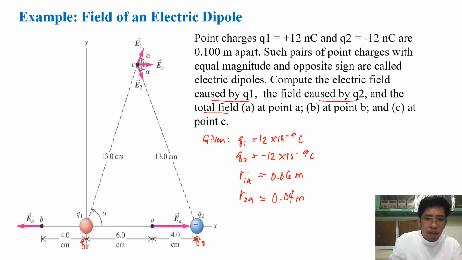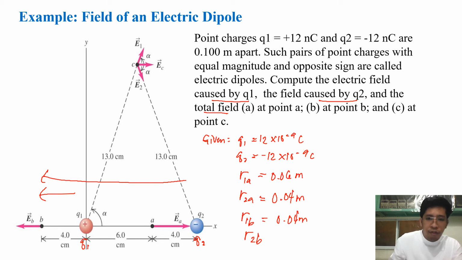And then you have your R1B. We're doing this one individually because we are asked of the field caused by Q1, by Q2, and then the total field. So R1B from Q1 to point B, that is 4 centimeters or 0.04 meters. And then your R2B from Q2 towards point B, that is 10 centimeters plus 4 centimeters.